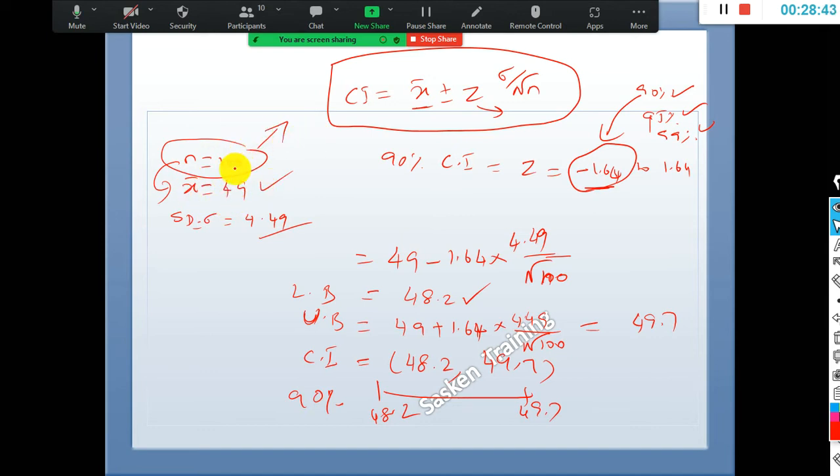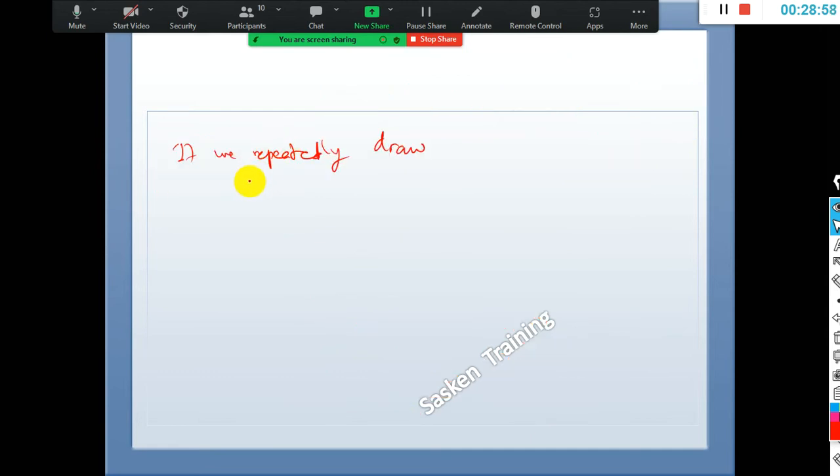For example, if I randomly sample another 100 observations from my population, the mean may not be the same. Now the question is, how confident are you that if you draw multiple samples with the same sample size 100, the confidence interval will contain the true value of the population mean?